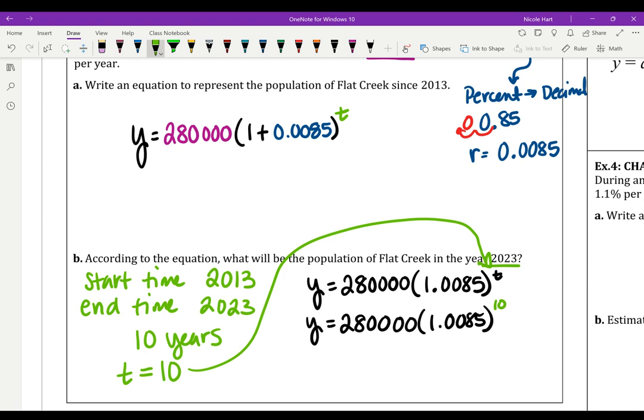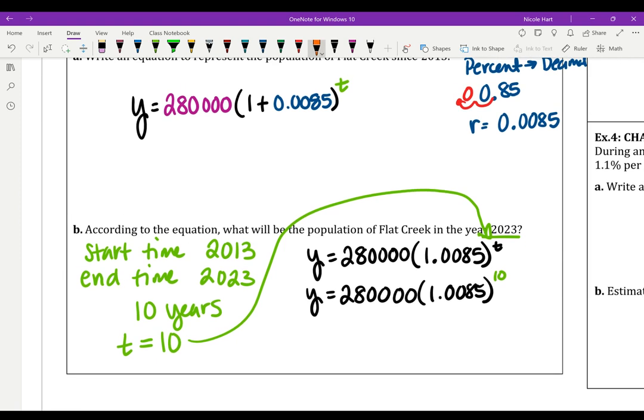So you just have to type this into the calculator from here. And since we're talking about people, we're going to round it to the nearest whole person. That just makes sense. And so when we type this into our calculator, the value for y, which is how many people after 10 years, is going to be 304,731 people.